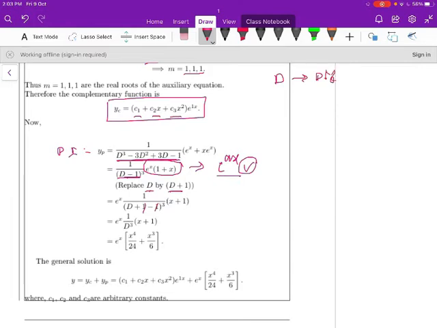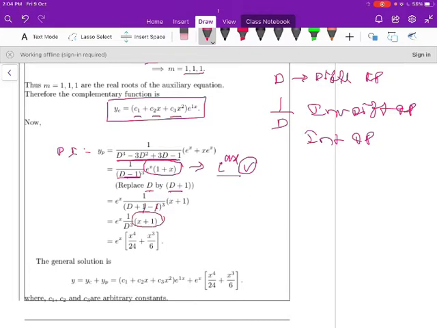Here D is a differential operator, and 1 by D is the inverse differential operator, nothing but the integrating operator. 1 by D represents integrating with respect to x for the given function. So 1 by D cube represents integrating x plus 1 three times.